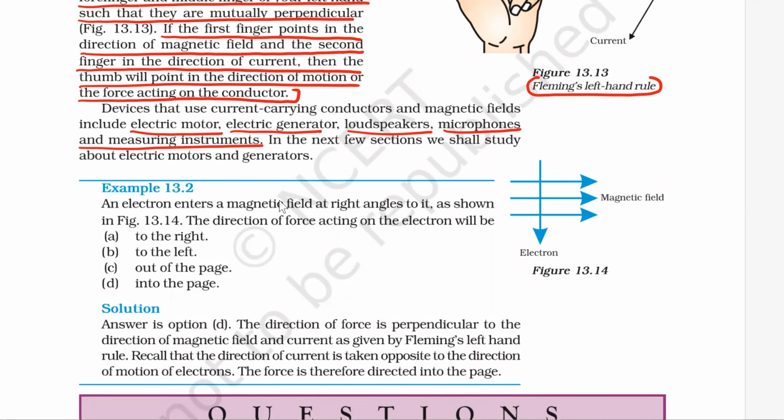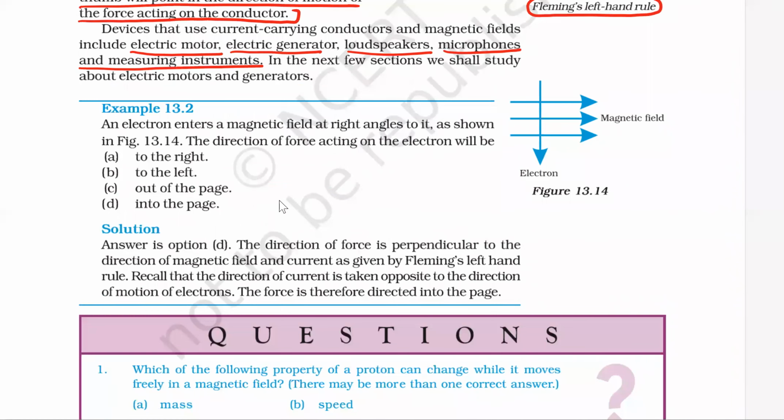Now coming to example 13.2. An electron enters a magnetic field at right angle to it as shown in the figure. Direction of electron is given this way.